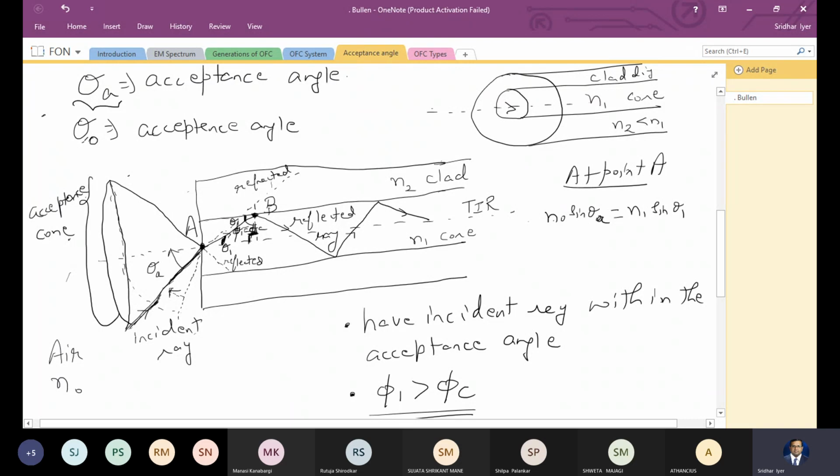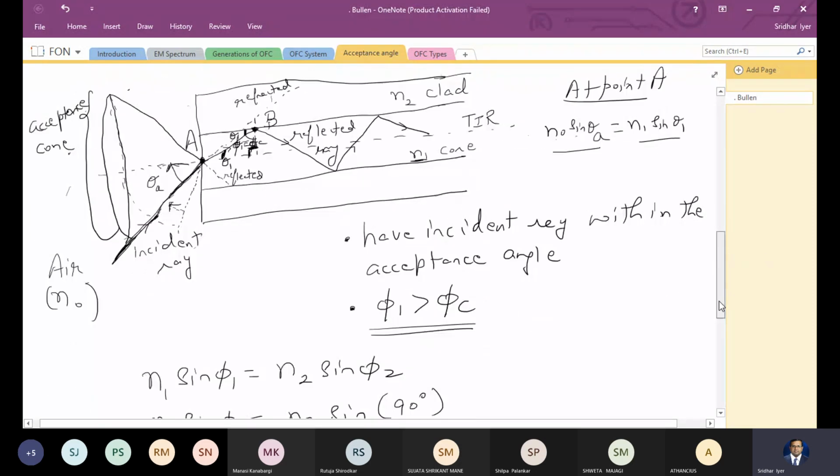This could be a point of confusion for students, because we are used to the equation N1 sine theta 1 equal to N2 sine theta 2. However, please note that in this case the incident ray is coming from air, with a refractive index N0, and it makes an angle with the horizontal, which we are calling theta A. So the left hand side becomes N0 sine theta A, equal to, now this ray is entering the core with an angle of theta 1 with the horizontal, and the refractive index is N1, so the right hand side becomes N1 sine theta 1.